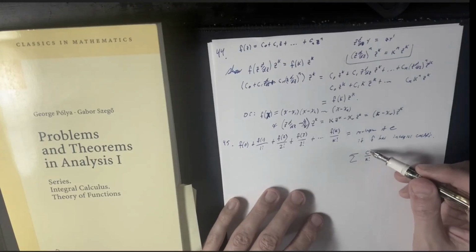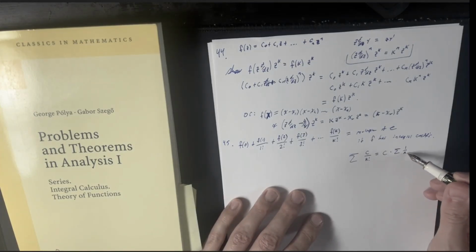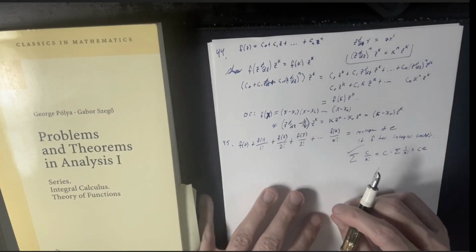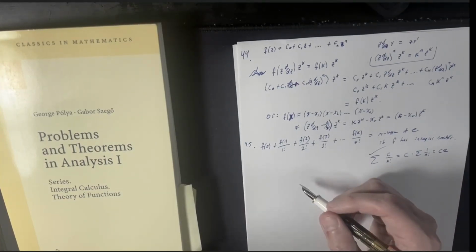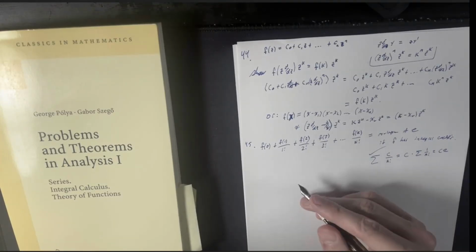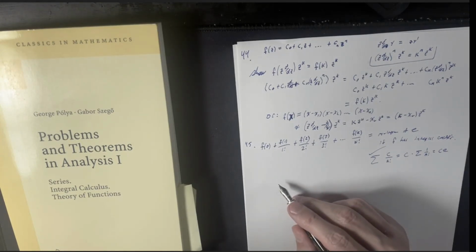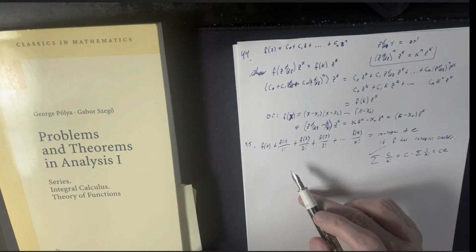It's not c to the k. If it was c to the k, then you get e to the c, right? But in this case, you just get c times e. So obviously true for constants. But we don't have a constant exactly.